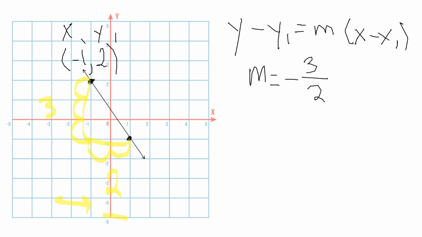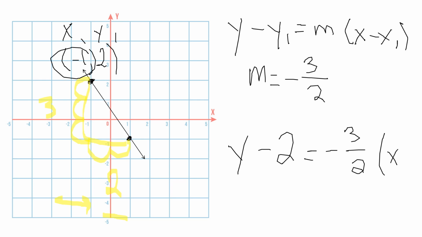Really there's no math even being done here. All we have to do now is plug all of that in. So y minus y1, which is 2, equals m, which we found to be -3 over 2, x minus x1. Now x1 is negative, and minus a negative becomes a plus, and that's the answer.